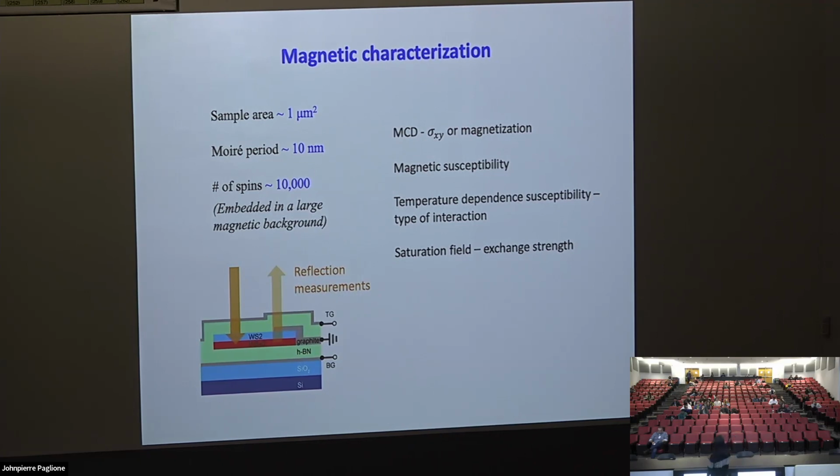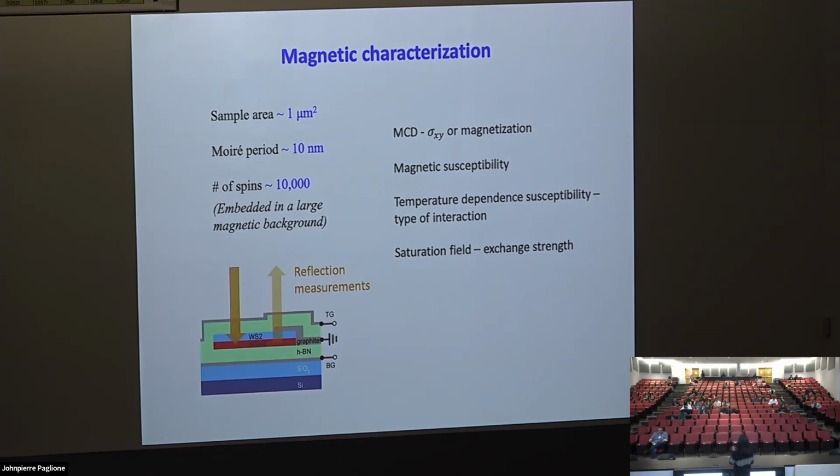And this is very powerful for those moire materials or 2D materials, because we cannot do the very beautiful neutron scattering experiments to figure out the magnetic interaction here. We are dealing with samples of about a micron square in size, and for the moire, if the period is about 10 nanometers, we're talking about 10,000 local moments.